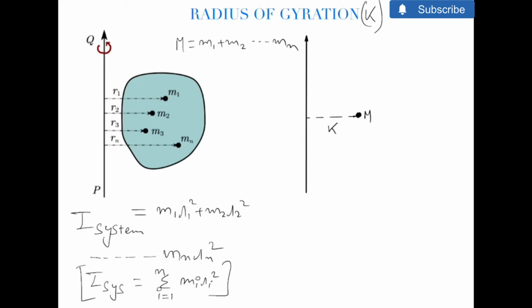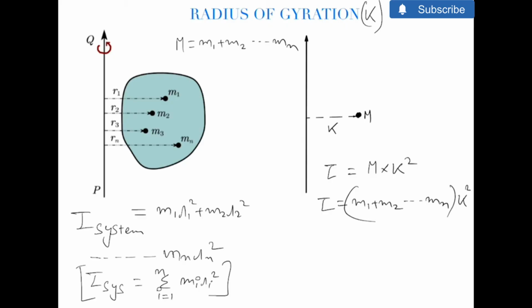Then the moment of inertia of the system would be m into k square. So I would be (m1 plus m2 up to mn) into k square.